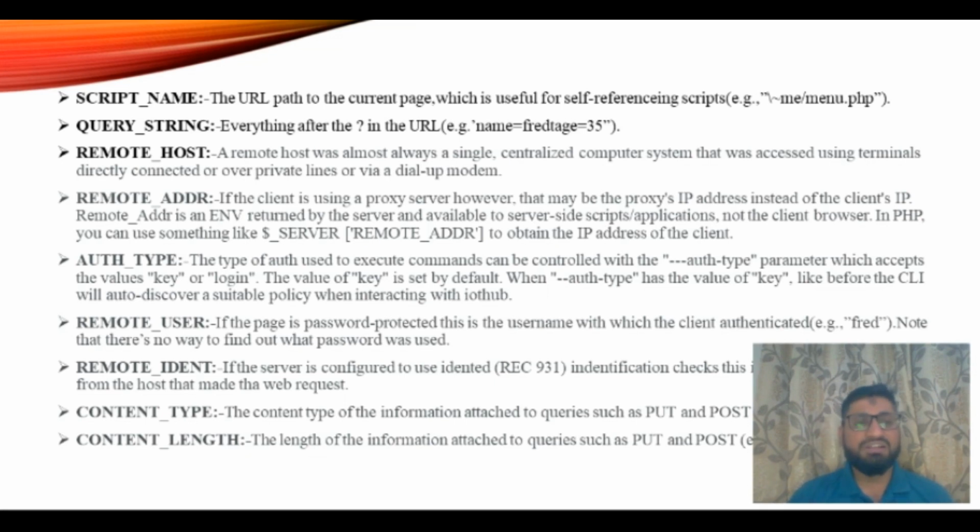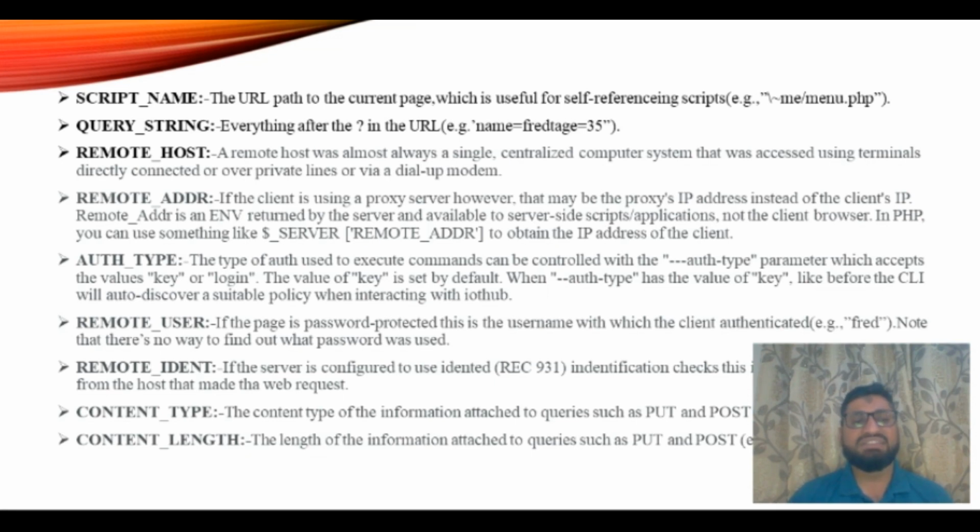Authorization type, the type of authorization used to execute commands can be controlled with the auth type parameter, which accepts the value key or login. The value of key is set by default when your authorization type has the value of key.